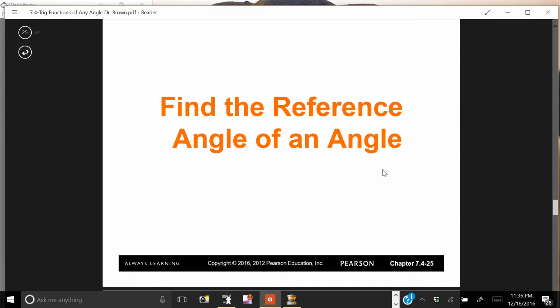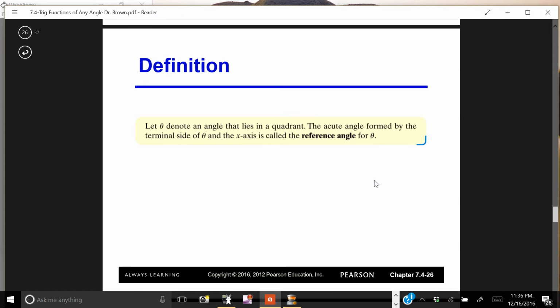Find the reference angle of an angle. This is a definition you probably need to understand, but I'll tell you, using your calculator, you can calculate the trig functions of the angles that you need. If theta denotes an angle that lies in a quadrant, the acute angle formed by the terminal side of theta and the x-axis is called a reference angle for theta.